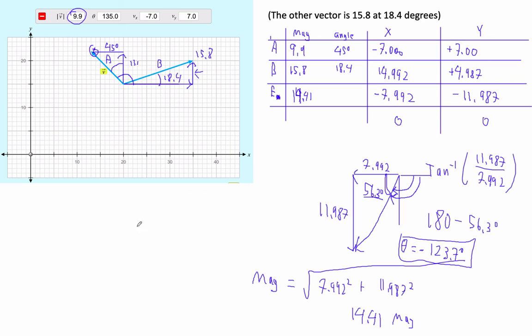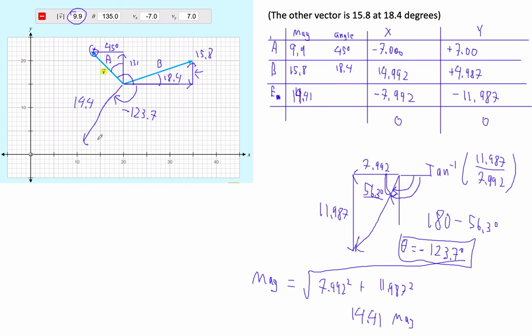So we're going to draw some guy in here, something like this, and this angle here is going to be negative 123.7. This guy's going to be 14.4.